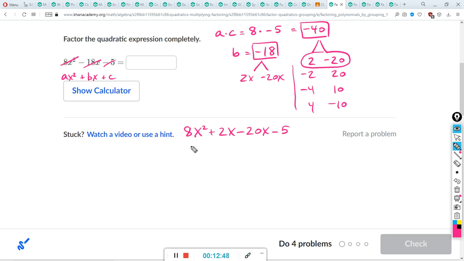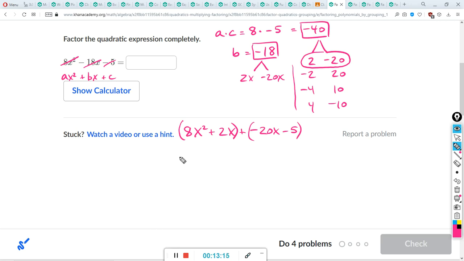Now you want to group these, but you don't want a negative outside the parentheses. Alright, so make it plus negative 20x minus 5. Okay, so do this right here and this right here.